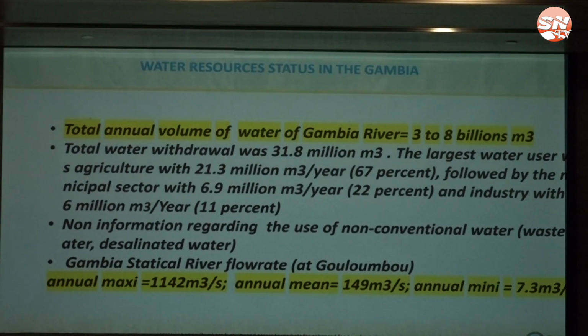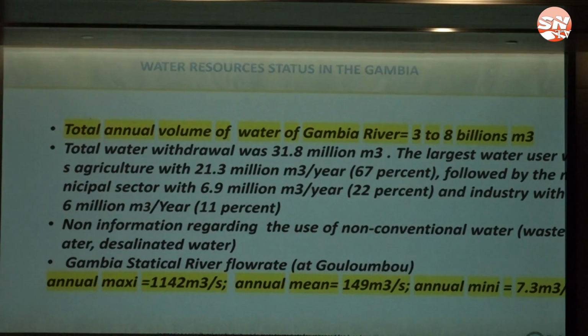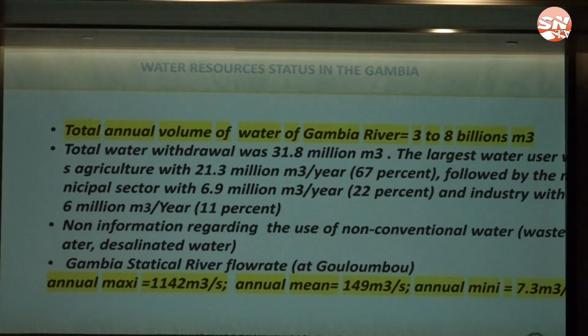The annual water flow of Gambia, you have the annual maximum flow, that is 1,142 cubic meters per second, and the annual mean is 149. The minima is 7 cubic meters.